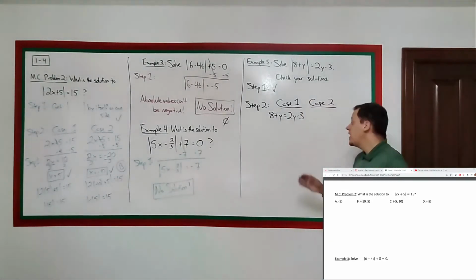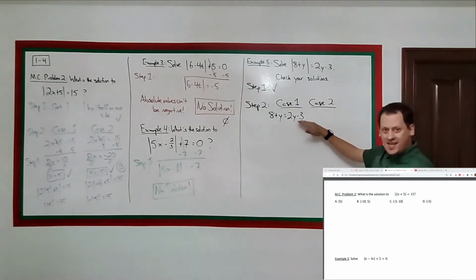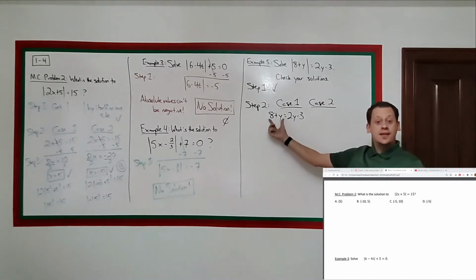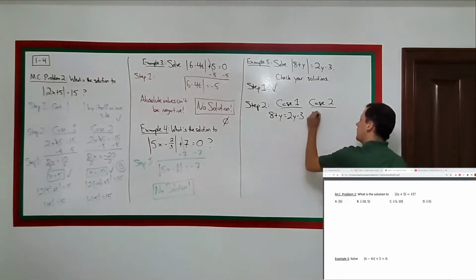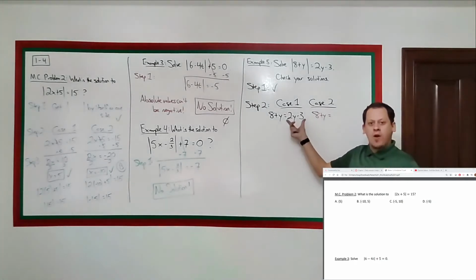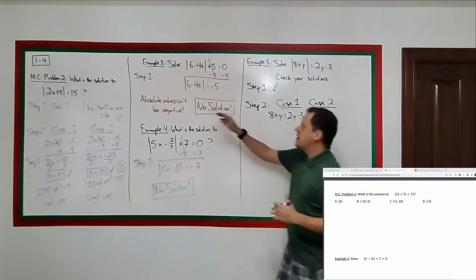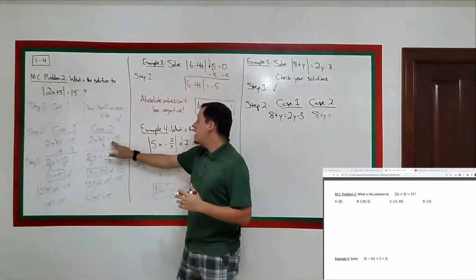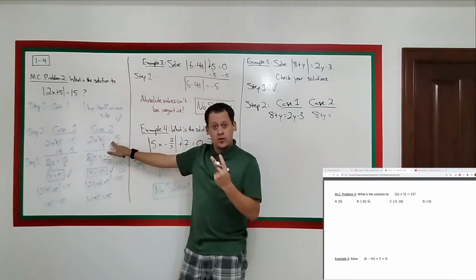Case 2 is going to be what we have here, kind of. The 8 plus y stays the same. But everything on the right side gets the opposite sign, right? It's just like here. This 15 became negative 15 for case 2.